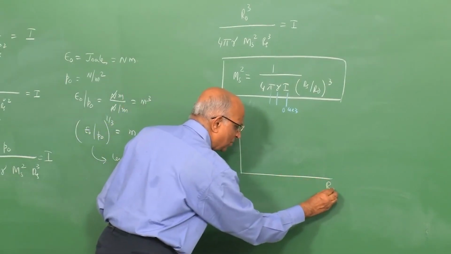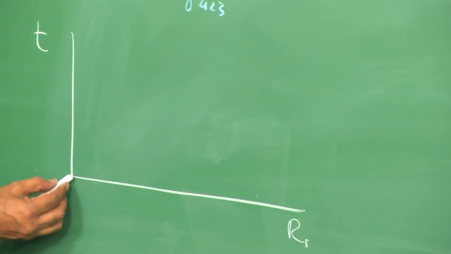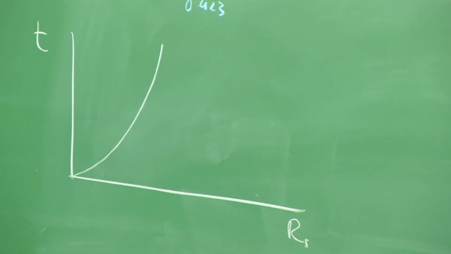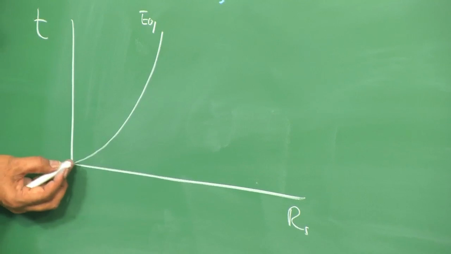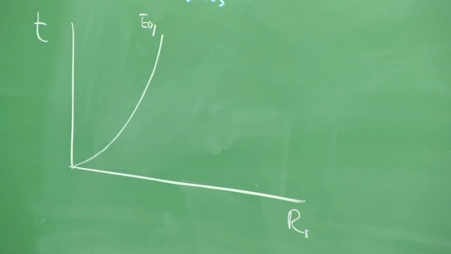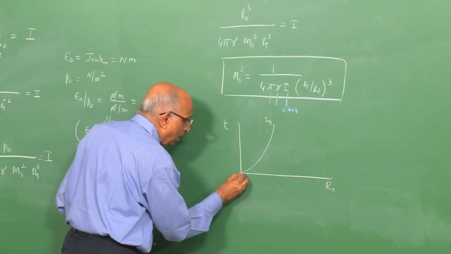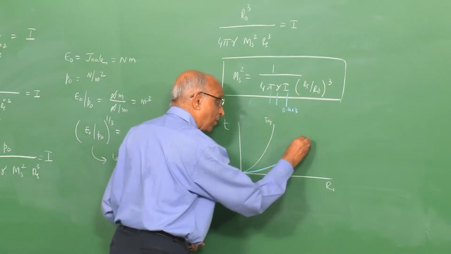This is the distance travelled by the lead blast wave. Initially, if some energy is deposited in a medium, I get this to be my blast wave. Let us say the energy release is E0 1 joules, I form a strong shock wave, it decays. If now I deposit a much higher value of energy, what is going to happen? Well, the shock is going to start strongly and it decays after a longer time.